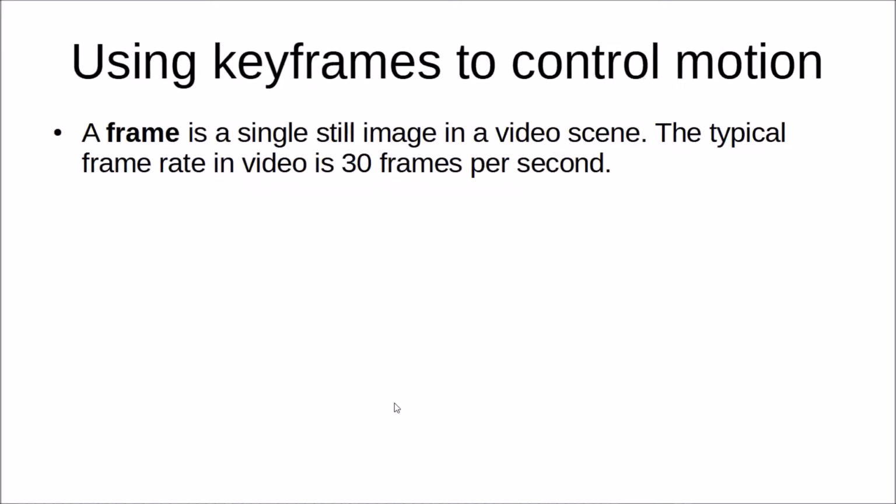The fundamental concept of this work in Vegas Movie Studio is called a keyframe. Now, a frame in video is simply a single still image. We all know from experience the typical frame rate in video is 30 frames per second. And that's actually an approximation.